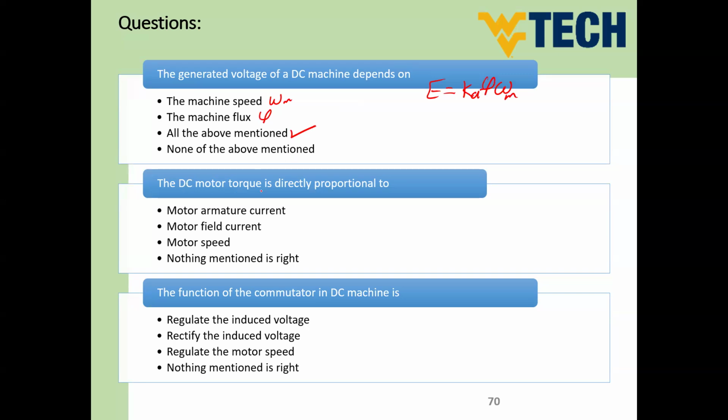The DC motor torque is directly proportional to: so you know that the torque relation equals Ka times phi times armature current. So the DC motor torque is directly proportional to the motor armature current, the motor field current, the motor speed, or nothing mentioned is right.